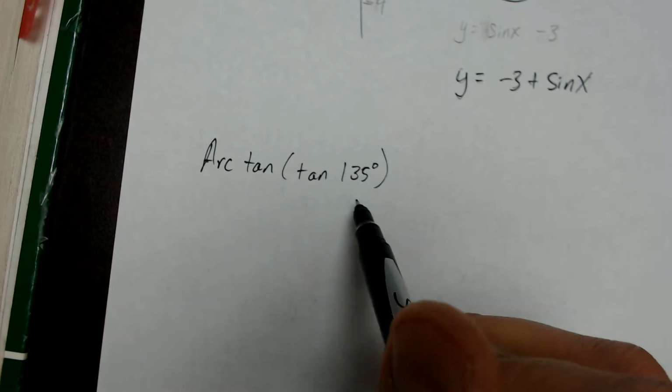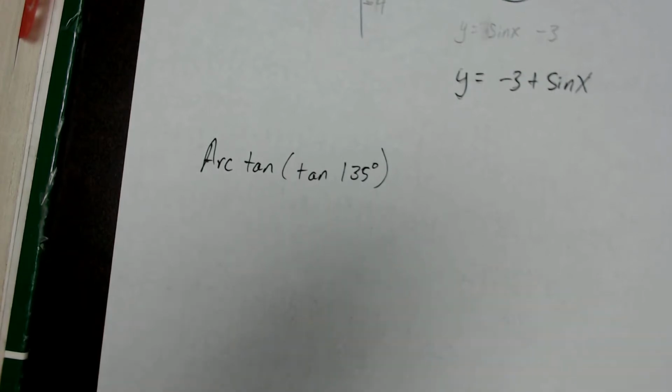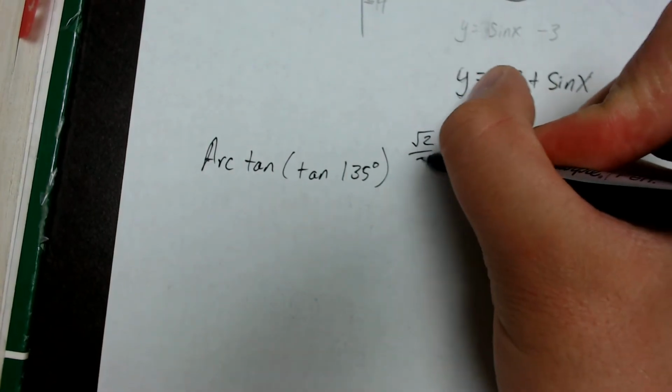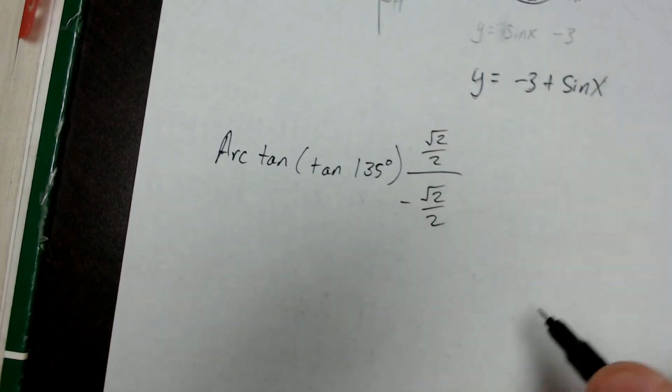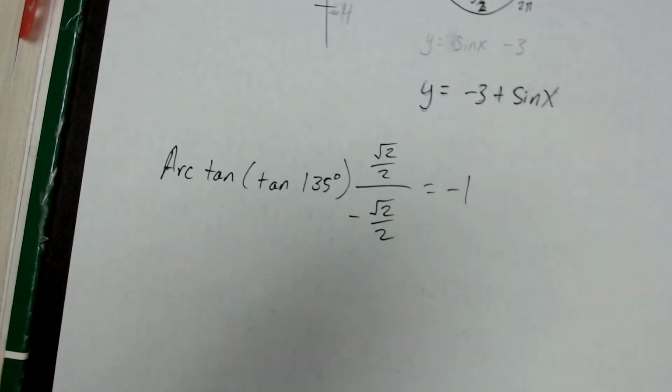So the tangent of 135 degrees is going to be negative 1. So the tangent actually becomes root 2 over 2 over negative root 2 over 2. Same number, just equals negative 1.